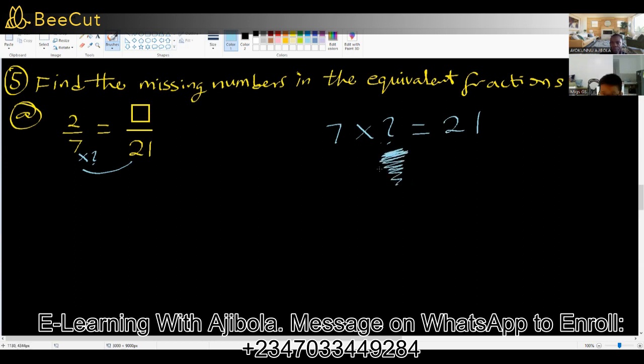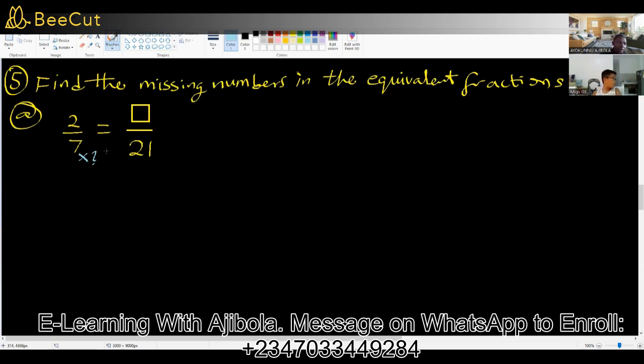What number should go in there? The number that should go in is supposed to be 3. 3, that's correct.